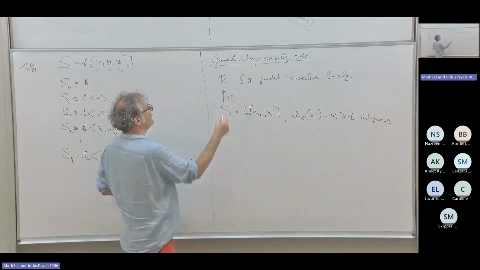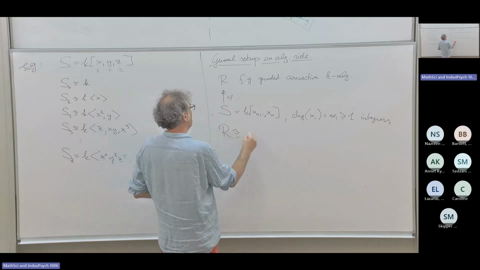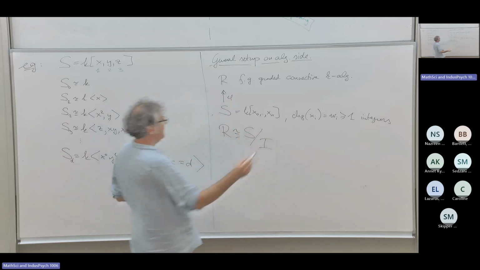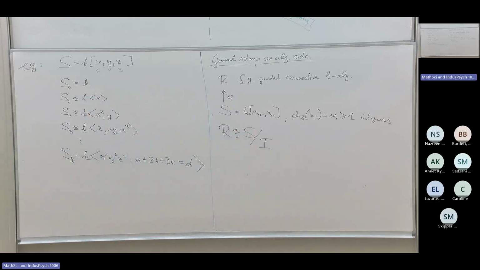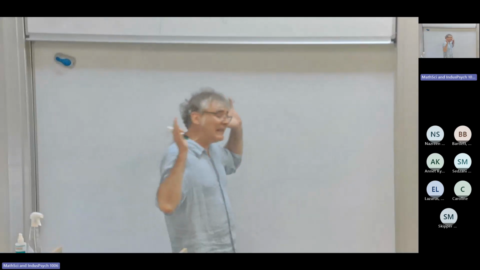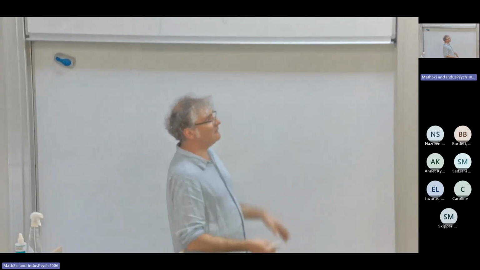This is some surjective homomorphism, and R is S modulo some ideal. So this is going to be the general setup in the algebraic style, and this will provide a lot of interesting examples of really funky things.